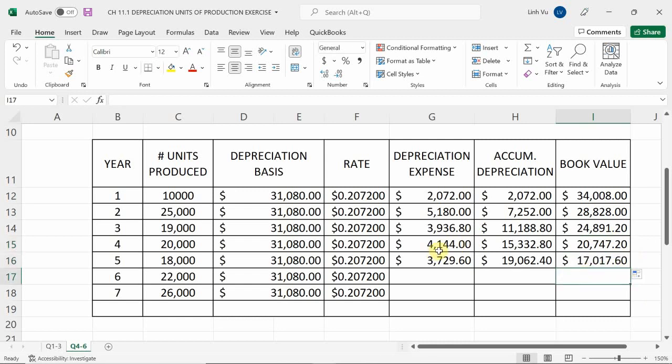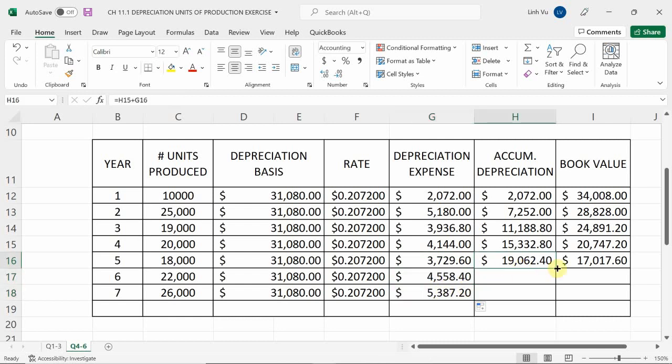So I'm going to go ahead and fast forward since you get the concept. Okay, so again, depreciation expense is going to be the number of units that you produced that year times the rate. So in this case, if I drove 22,000 miles, it would give me 4,558. And if I drove 26,000 miles the very last year, it's going to be 5,387.20.